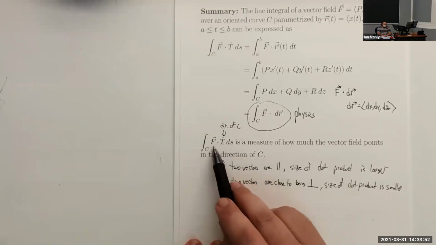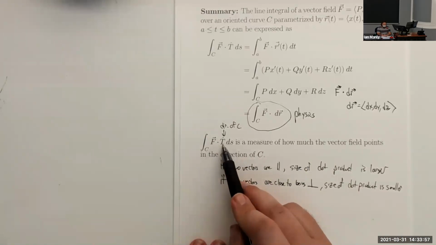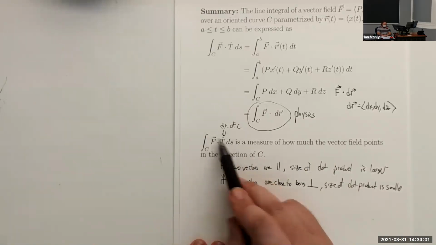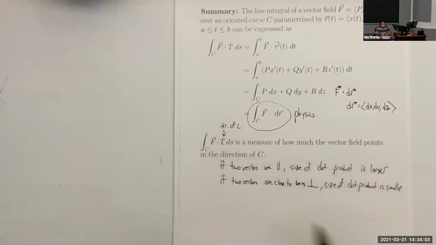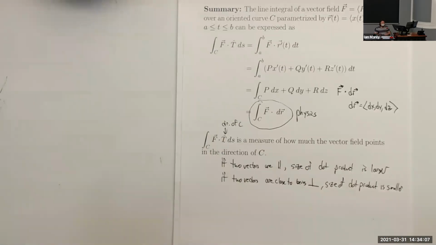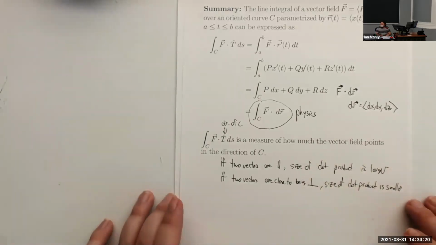On the other hand, if f is going perpendicular to the direction of your curve, then these dot products will be very small. So this is just like I just said right here, this is a measure of how much the vector field kind of agrees with the direction of the curve right here. That means smaller or closer to 0? Both. Yeah, the magnitude of the dot product will be close to 0.